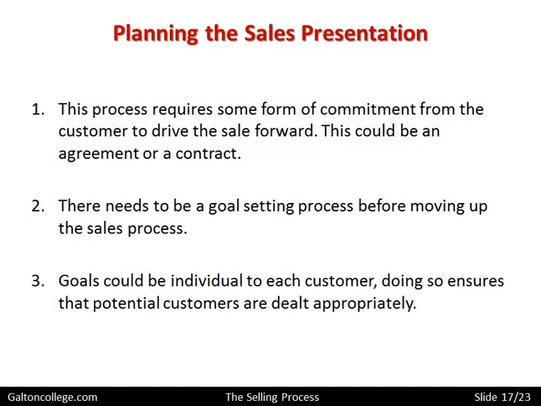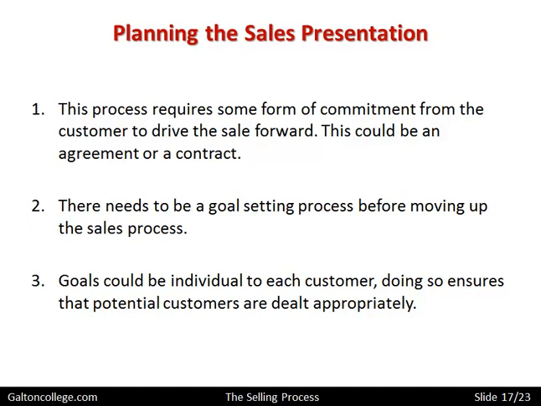Goals could be individual to each customer. Doing so ensures that potential customers are dealt with appropriately. Not all customers are the same. Customers have not just different backgrounds and different experiences and different incomes, but also they have different psychological approaches to the whole buying process.